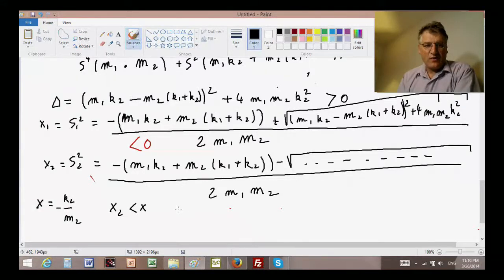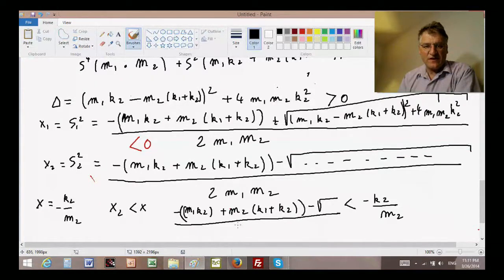For that, all I need to show is that minus, let's see, so minus M1 K2 plus M2 times K1 plus K2 minus this big square root is less than minus K2 over M2.